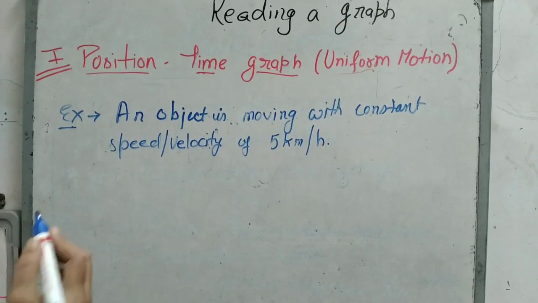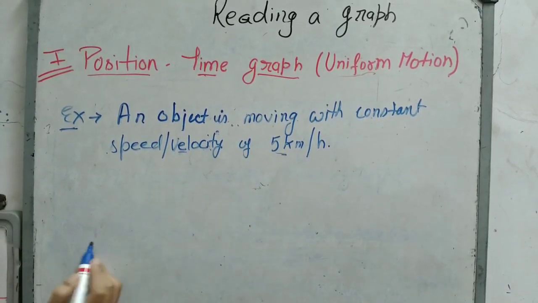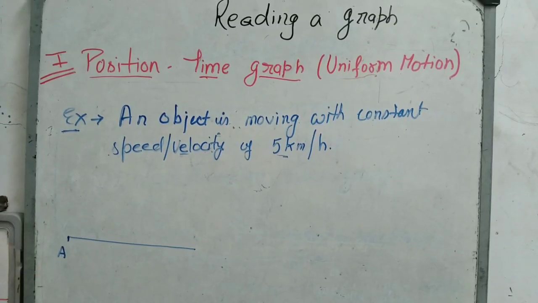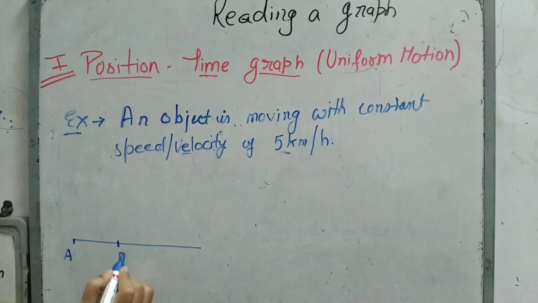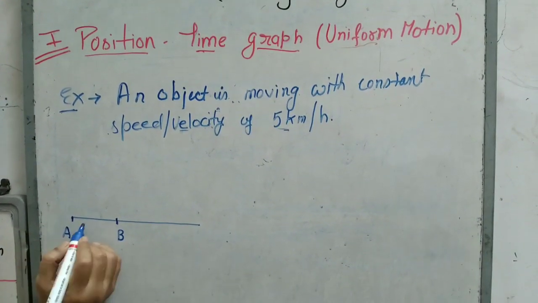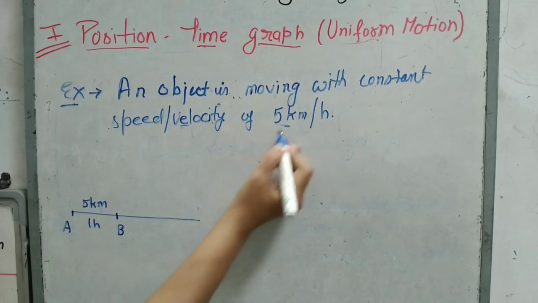What does it mean? It means the object is covering 5 km distance in each single hour. As the velocity is given, we have to change it into distance. Suppose A to B, what distance will the object travel? The object will travel 5 km in 1 hour.